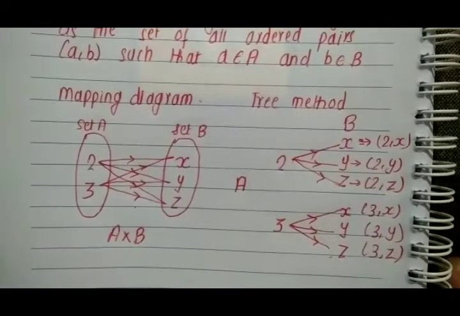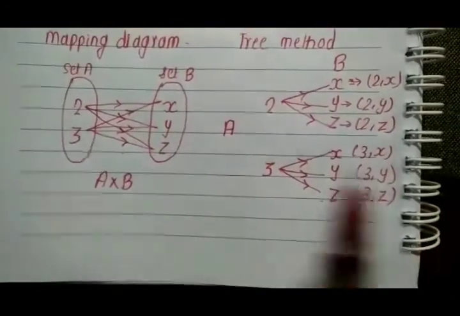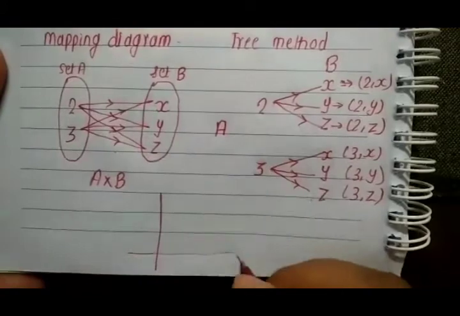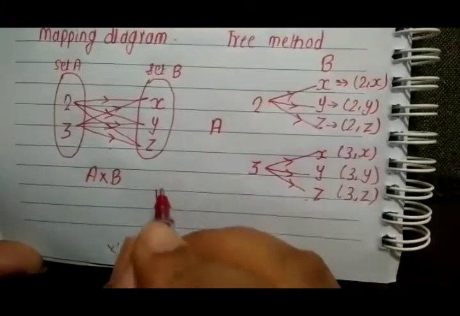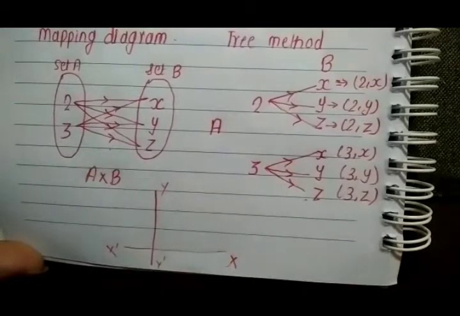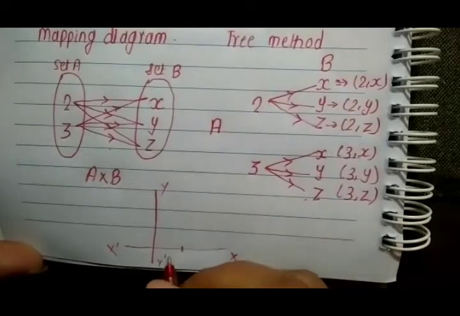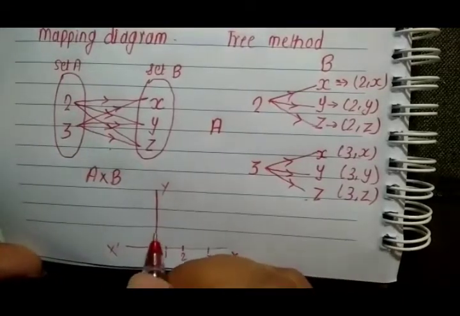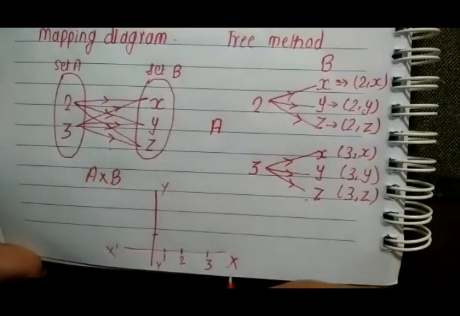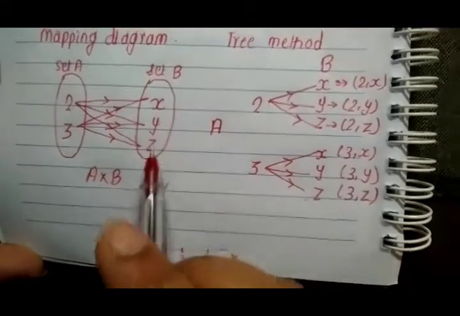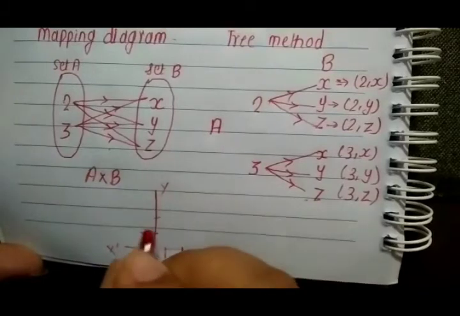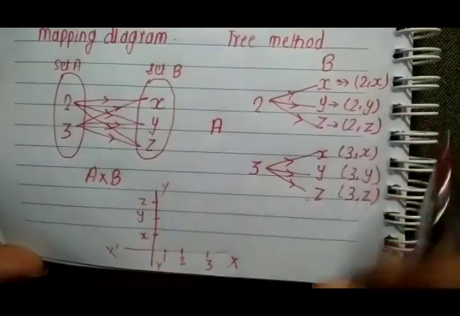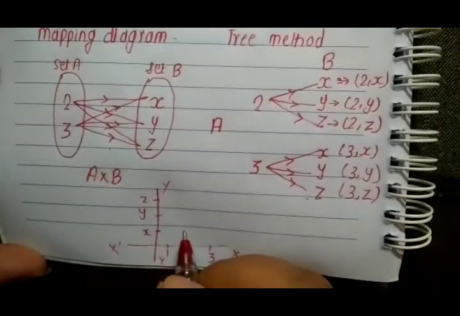One more method is there, that is the graph. We can display the same thing in a graph as well. Let me show you. Let's suppose this is the x axis, x dash, y axis and y dash, and suppose this is 1, 2 and 3. Here is the element of A, and the elements of B are x, y, z. It's not a number, so I'm going to write x, y, z here. Now we have to plot 2, x. That means our point will be here.